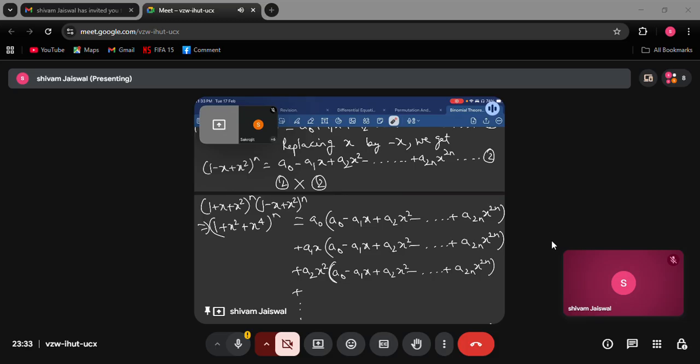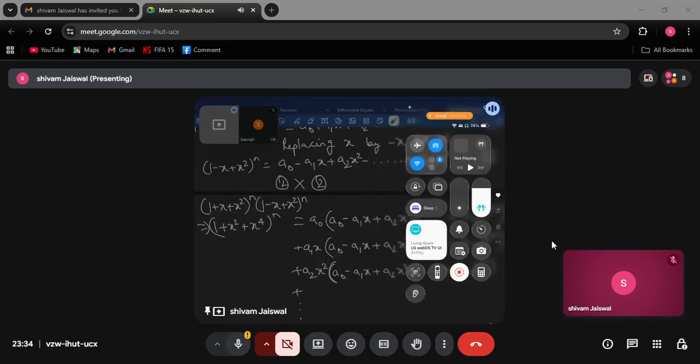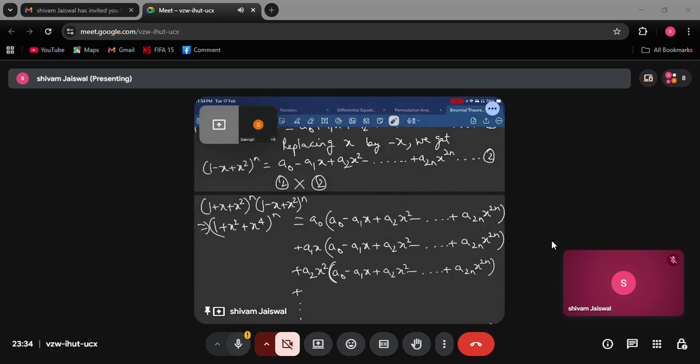Devang, can you tell me what is the coefficient of x to the power 2n minus 1 on the left hand side? I think I have to check my internet connection. What happened? Nobody is speaking. Am I audible? You can hear me, right? It's dead silence. I don't know what I asked.